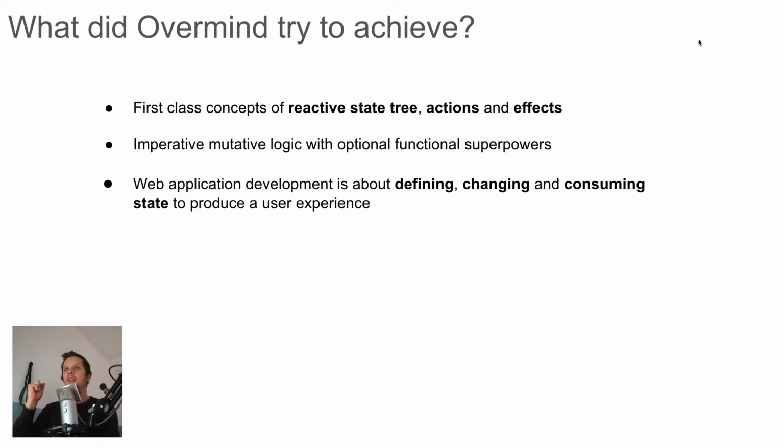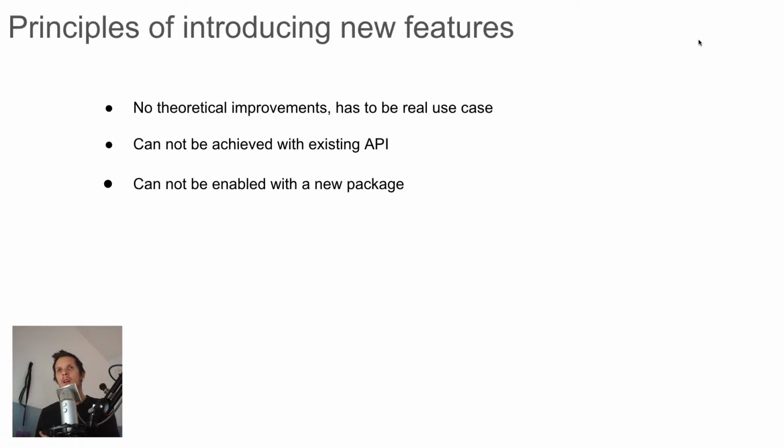And I think overall, what we tried to do when we started Overmind, we have kind of achieved, I think. We're using this at CodeSandbox, and it's an insanely complex application, and these strong concepts of the reactive state tree, actions and effects, has really helped us a ton.